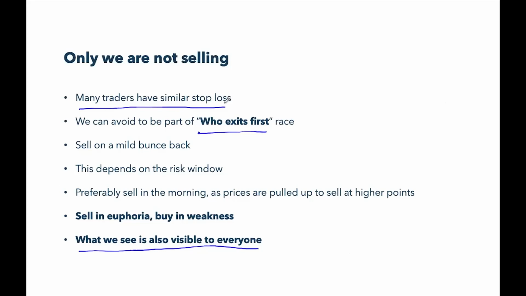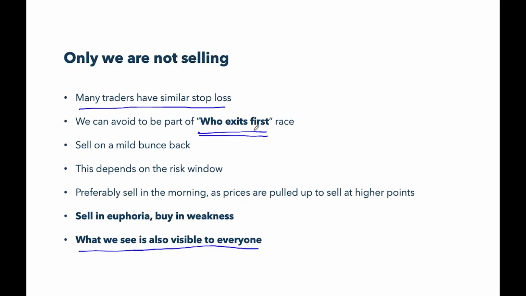So we should place our orders in advance. We should always avoid being part of those who exit first, because when that race begins, there will be fewer and fewer buyers, and we will eventually exit at a much lower level than we anticipated.